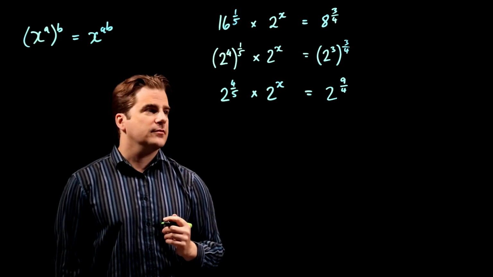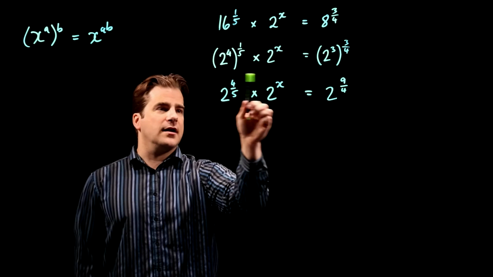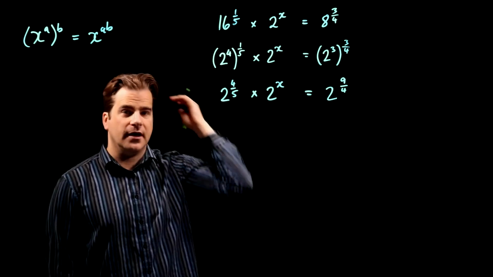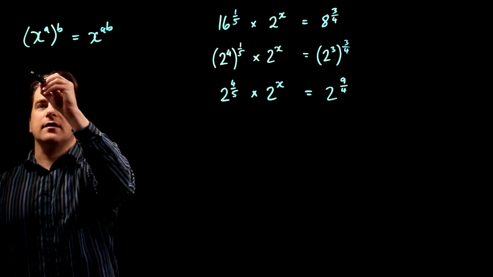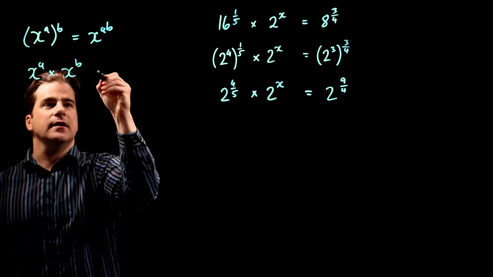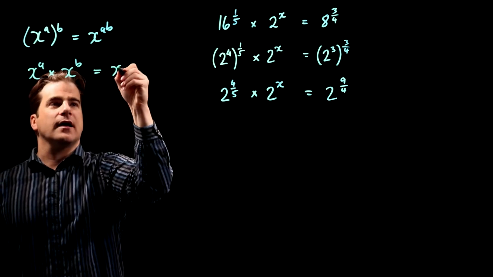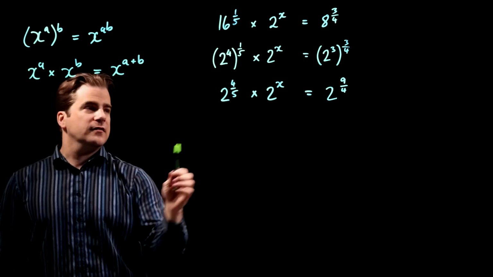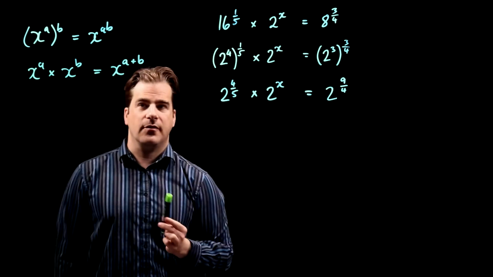Good. So what next? Let's look at this side. We're going to use another power rule here, and that is that x to the power of a times x to the power of b is equal to x to the power of a plus b. So that is in that form there.